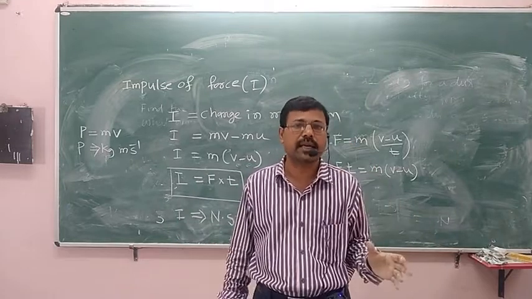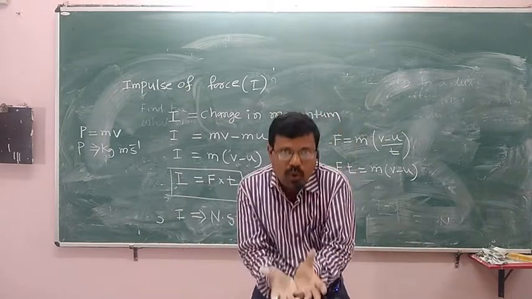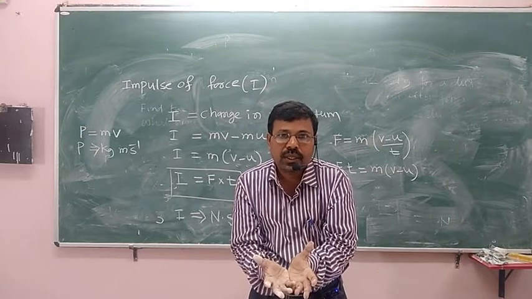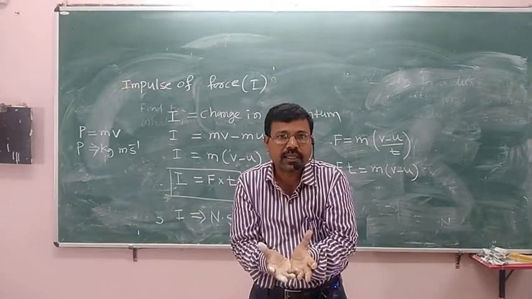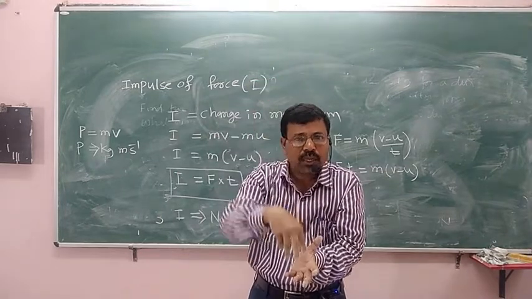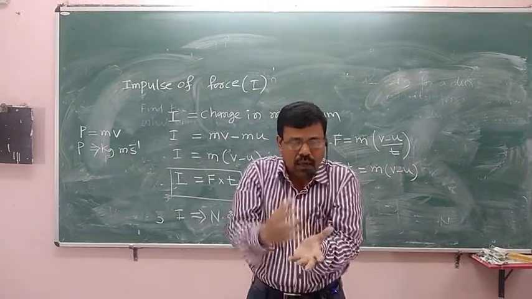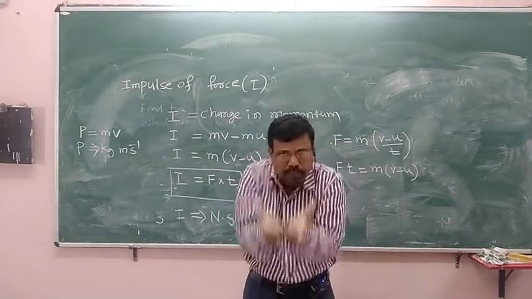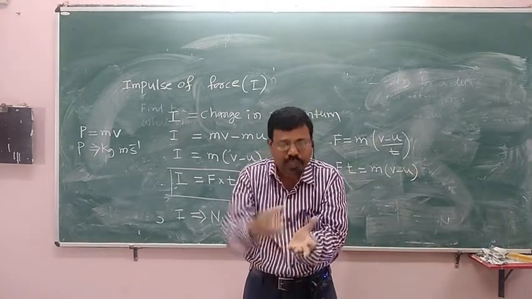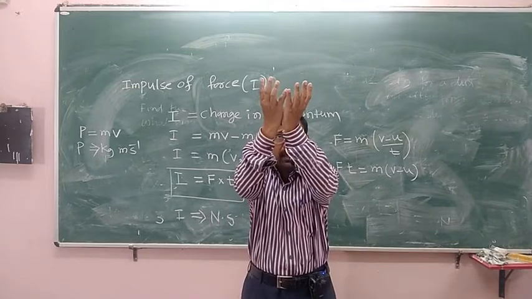A cricketer, while catching a ball, lowers his hands, to reduce the force acting on the hands, to avoid injuries on the hands. So what is happening here?